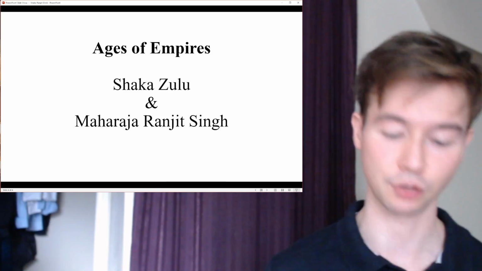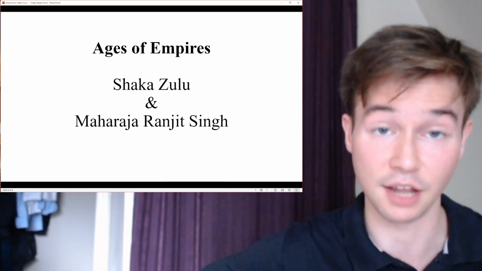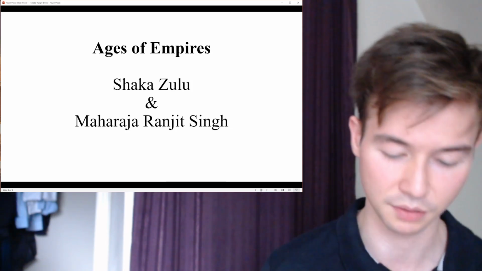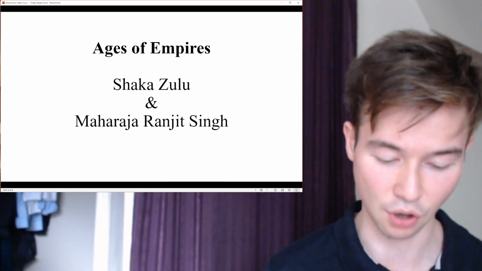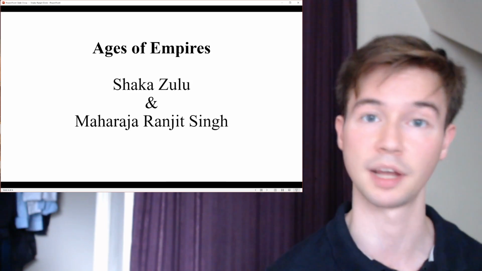As for their administrative and governance styles, Shaka Zulu's governance was largely based on a traditional tribal structure, with a strong emphasis on military organization and discipline, which may be seen in some ways as analogous to the Spartan Empire, as we covered.